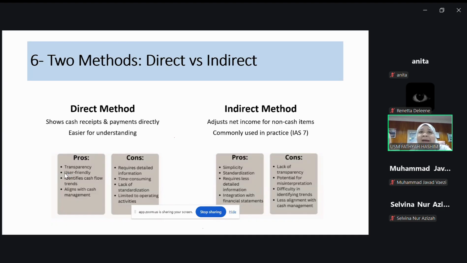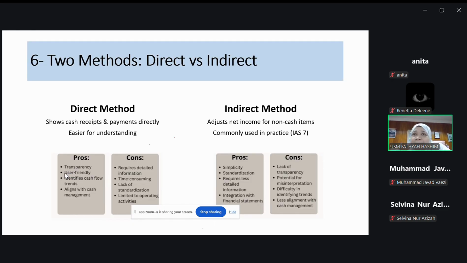That is the indirect method. But with the direct approach in the operating activities, we know directly the cash received from customers, how much cash received from interest gained, how much, and then cash paid to employees, cash paid to suppliers, cash paid for the interest expense, how much. So we know directly how much.